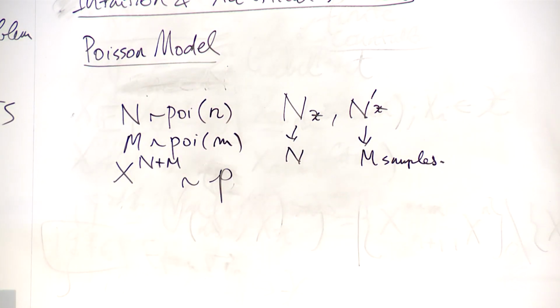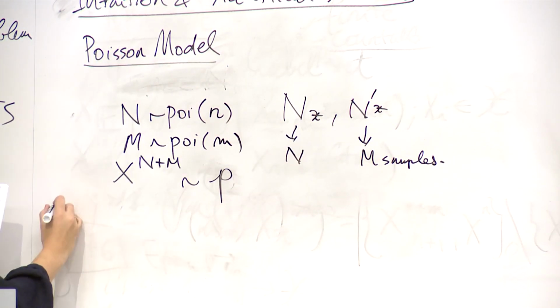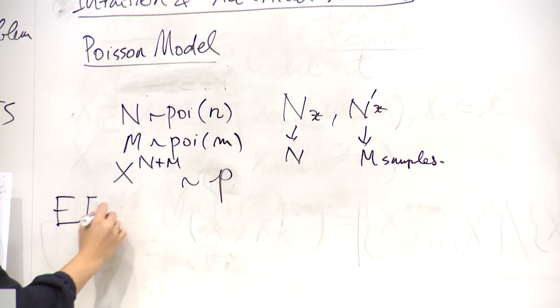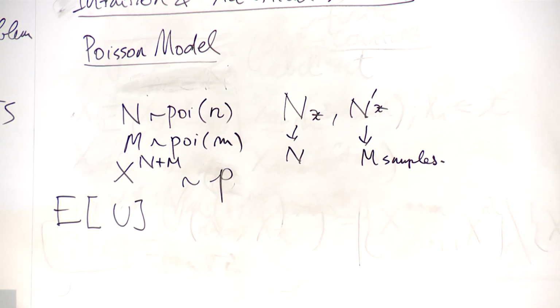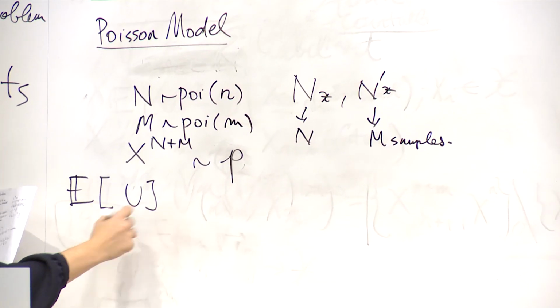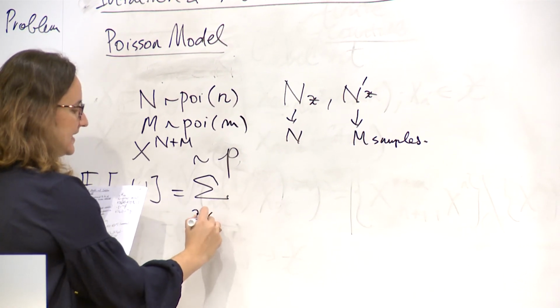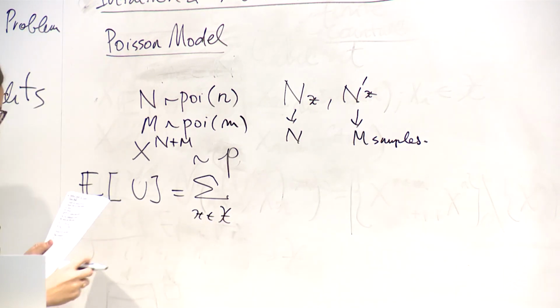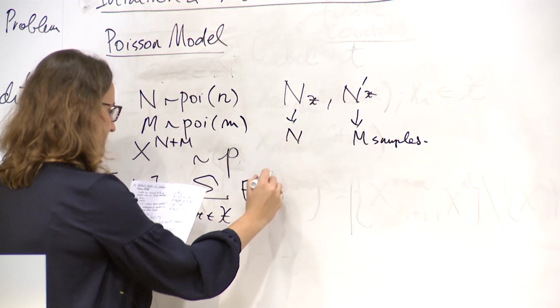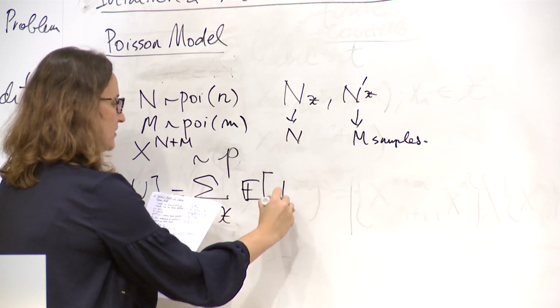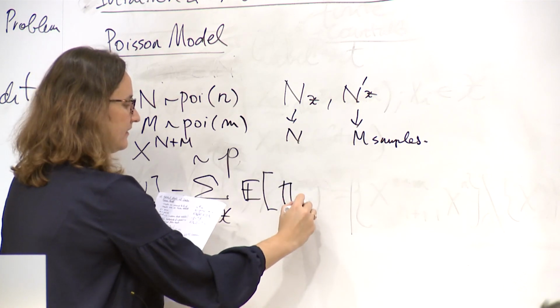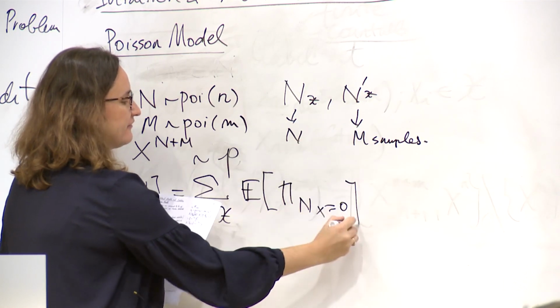Here's something nice. If we want to think about how many new species we expect, we can write the expectation of U really nicely as a sum over all the labels in our label set of the expectation of an indicator variable.